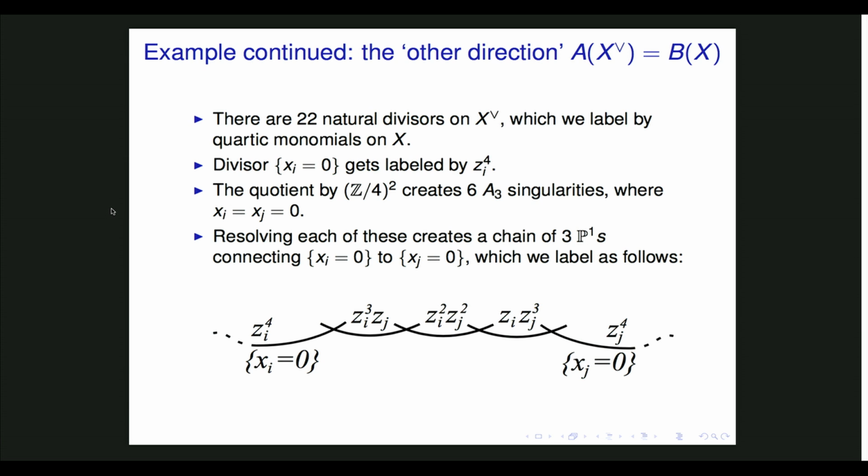And this correspondence between divisors and monomials that I've described for you here tells you how Kähler forms on X correspond to complex structures on this quartic surface, X check. Okay, so that's a less trivial example where we see how these structures correspond to each other.